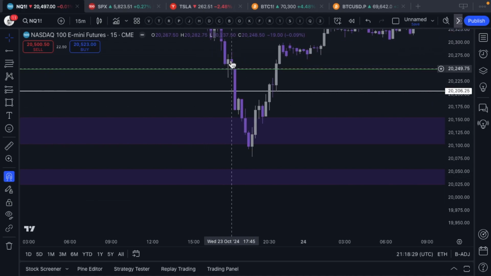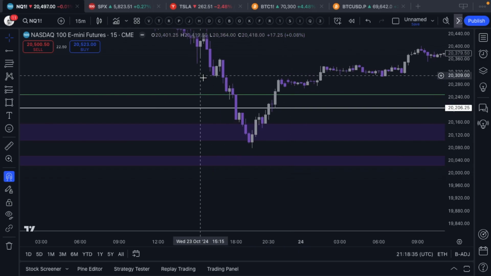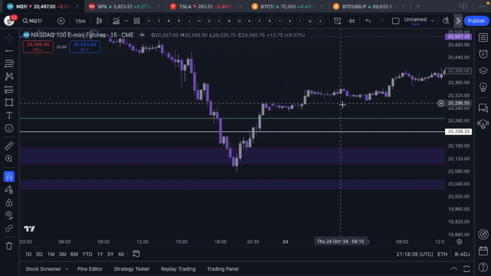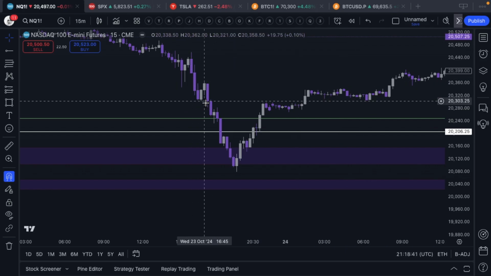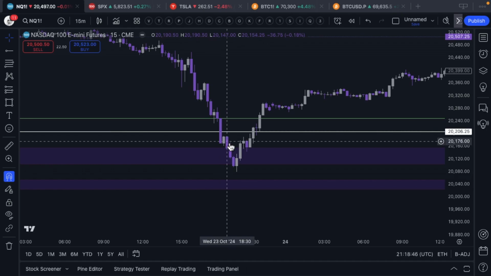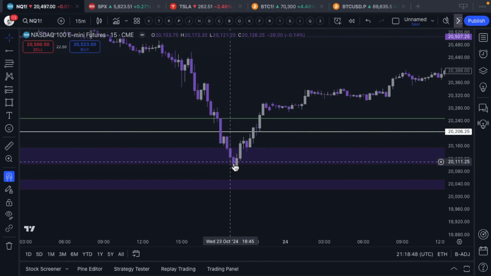Okay, so price really strongly pushes in. Okay, and that's the first signal you want. You don't want price slowly meandering into a fair value gap or any real level. You want to see some aggression, because when you see aggression coming into levels, it means that people are going to get trapped here.